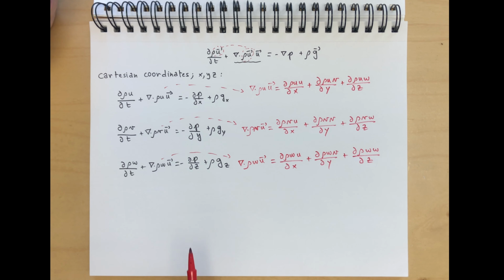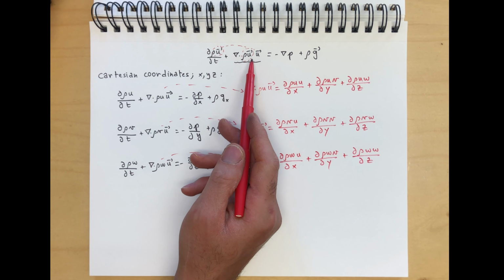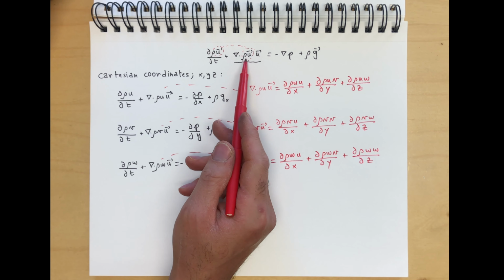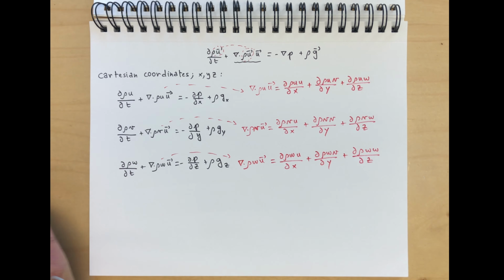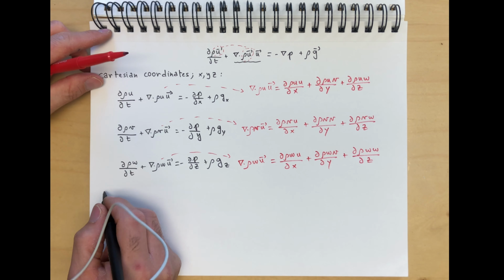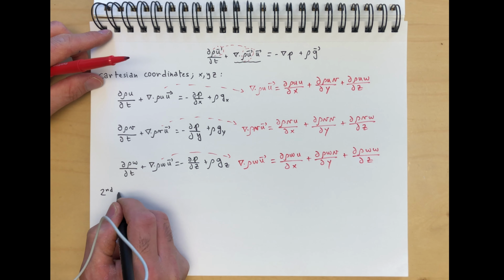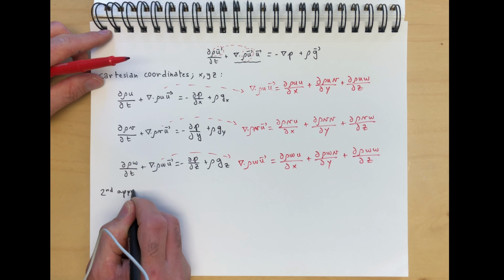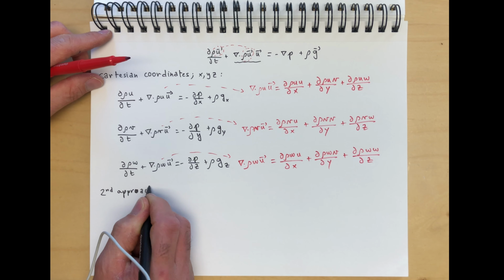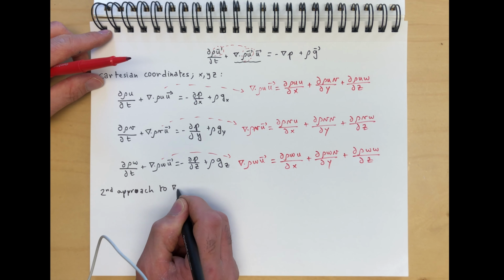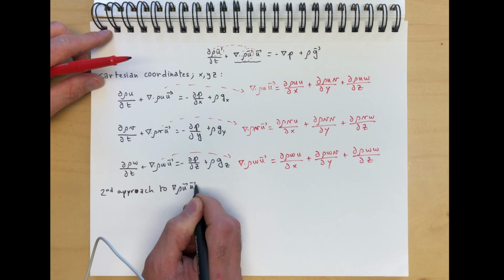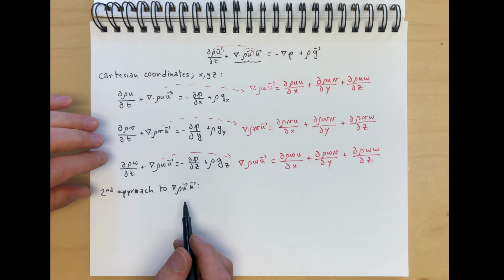Now, there's another way that you can do this. Remember the dyadics and the divergence. The second approach to div rho u u is to look at the tensor dyadic.